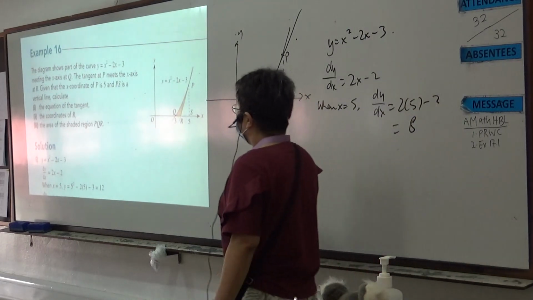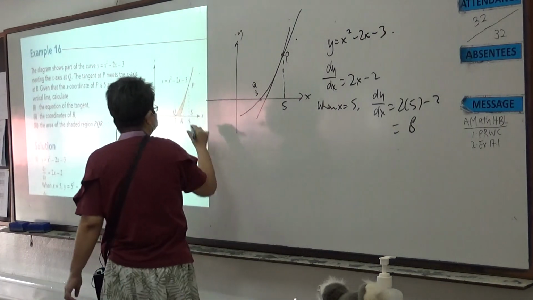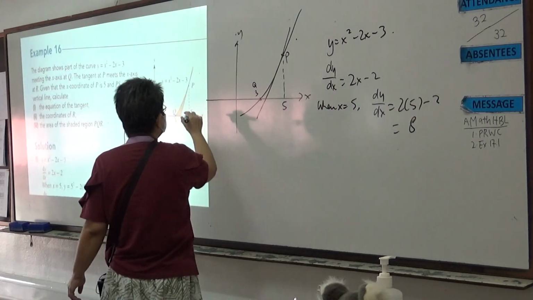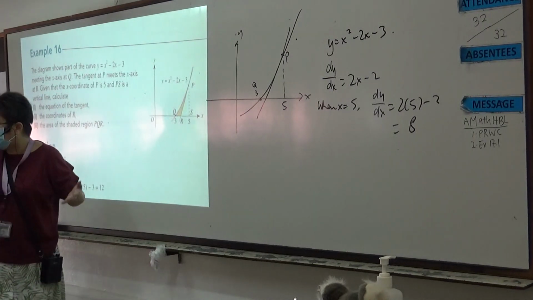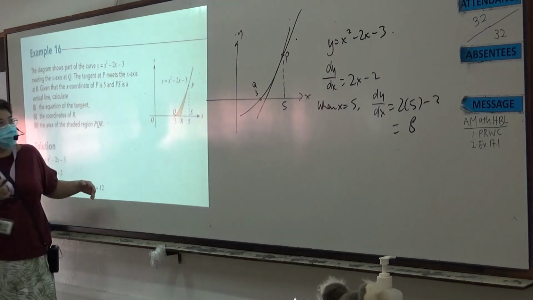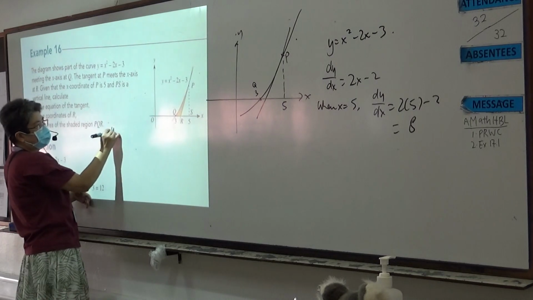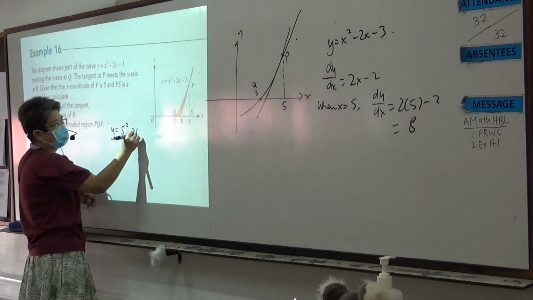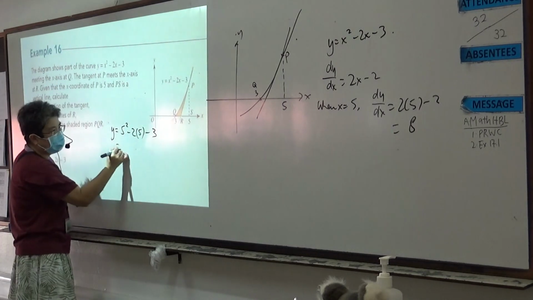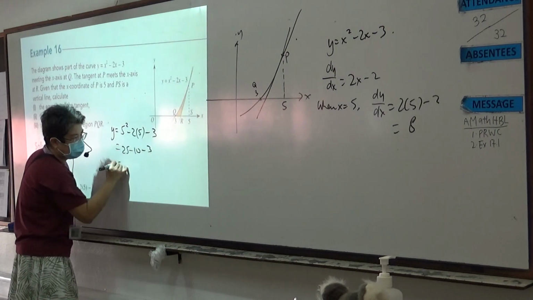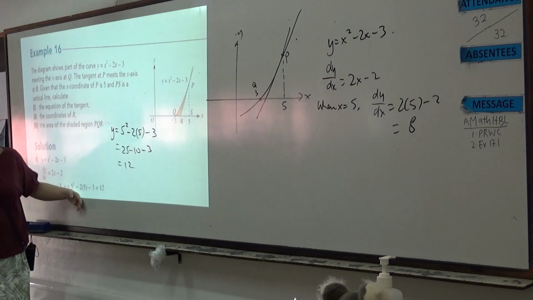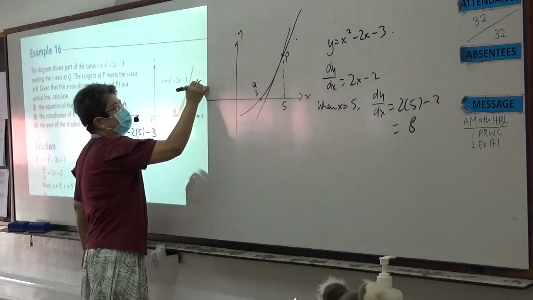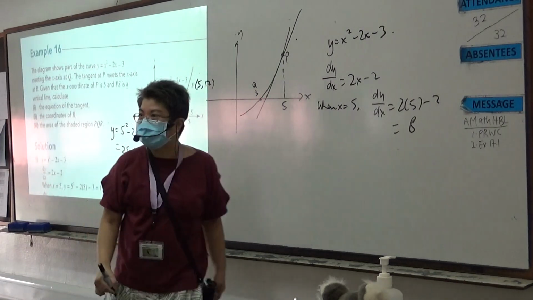Then I must know the coordinates of P, if not I cannot get the equation. So when x is 5, I will have 25 minus 10 minus 3. Do you agree this is 12? So this point is actually (5, 12), correct?